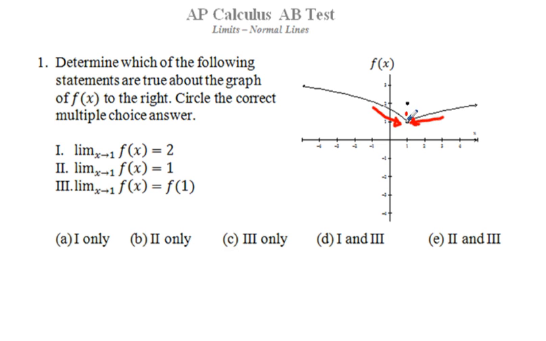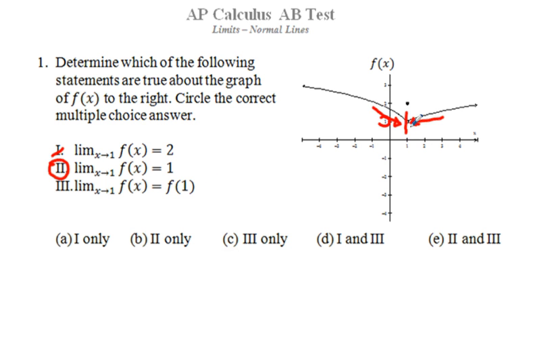So if we kind of view this as a fence at x equals 1, we see that from the left and from the right, the value being approached appears to be 1 and not 2. And so this would disqualify 1 and qualify 2 as being the correct answer. Now for 3, the limit as x approaches 1 of f of x equals f of 1.